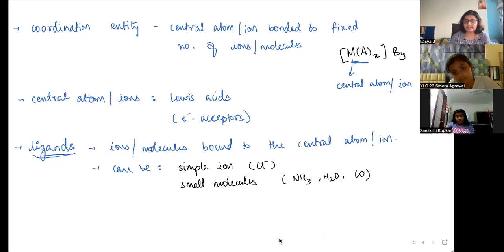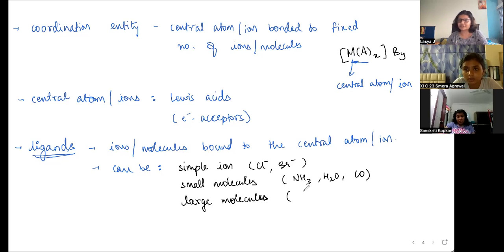It is not restricted only to Cl minus; they can be bromide ions also. We come across many different ions. They can be large molecules. A lot of these large bound molecules tend to be organic molecules, like ethylene diamine, which is usually shortened to en.